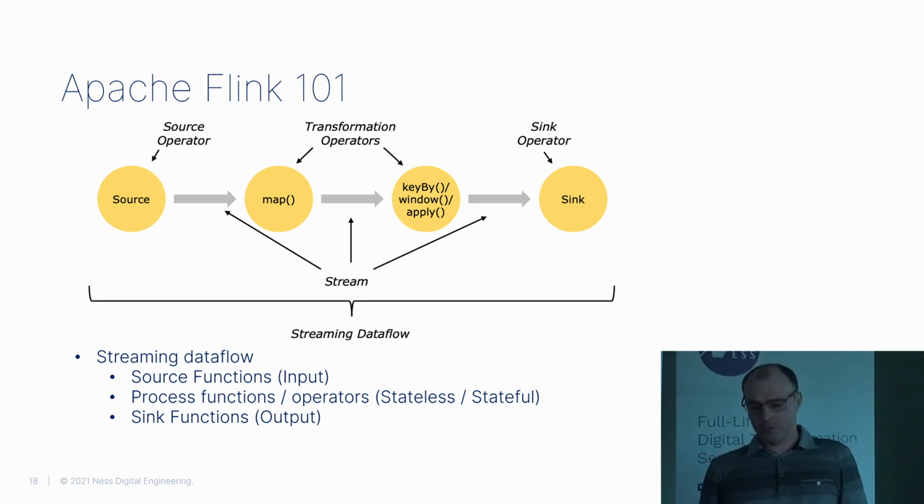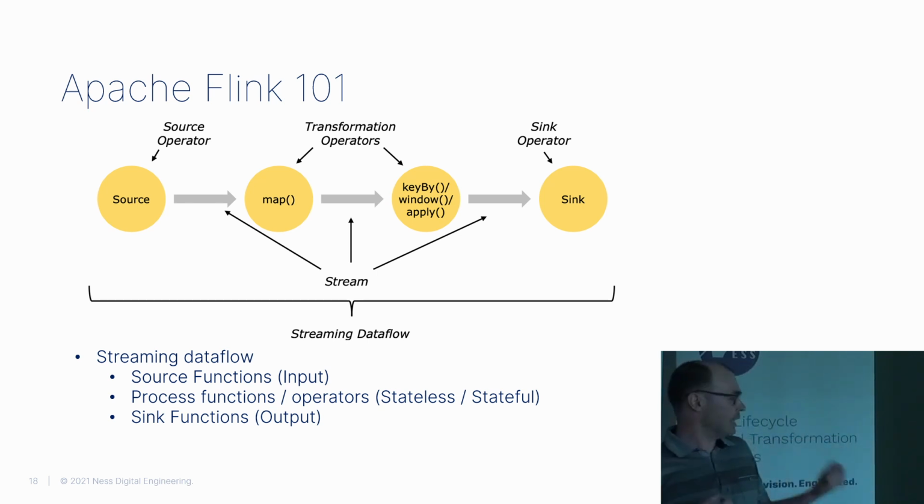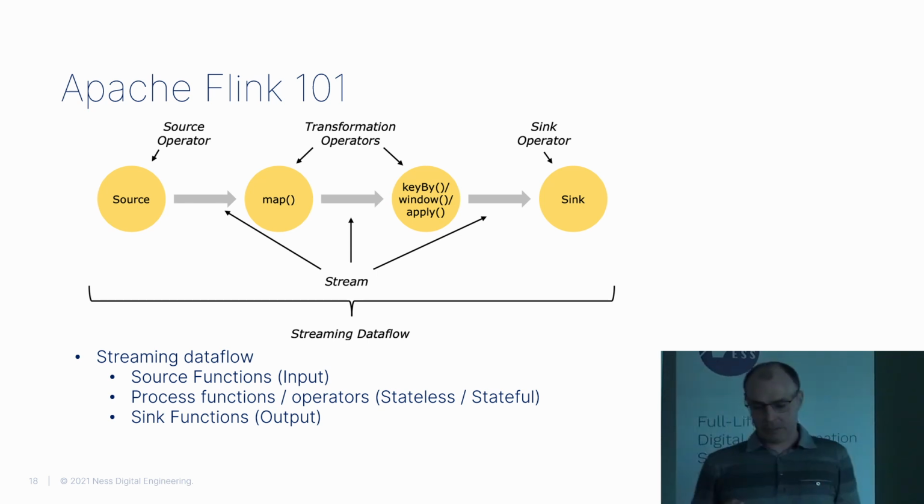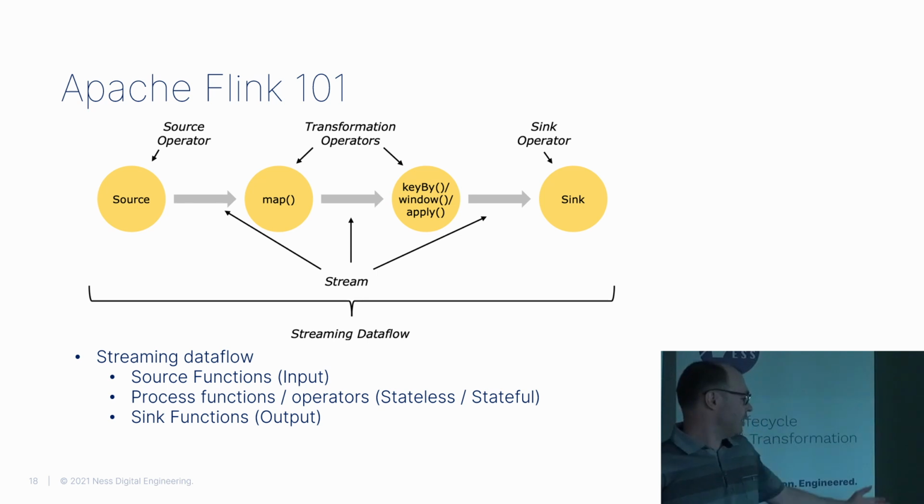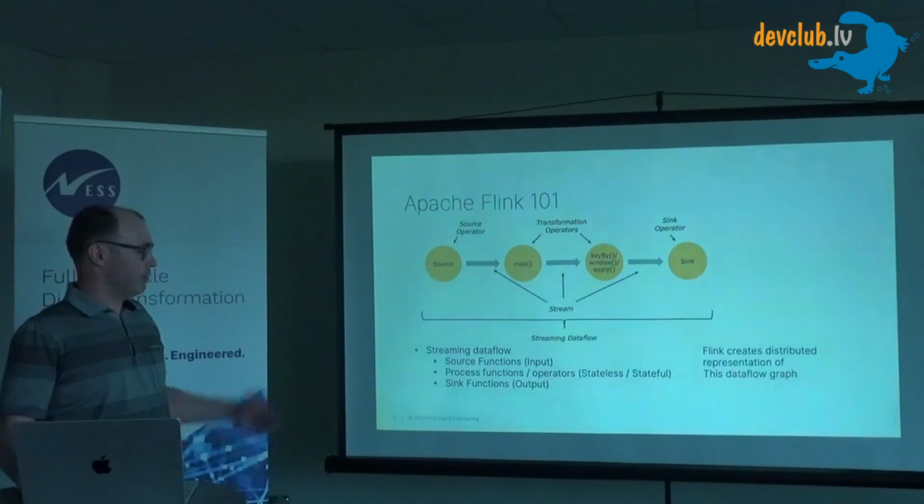The data flow resembles an arbitrary directed acyclic graph, and you can have a different level of parallelism per operator. It has source functions, process functions, and sinks, and Flink creates a distributed representation of this data flow graph.